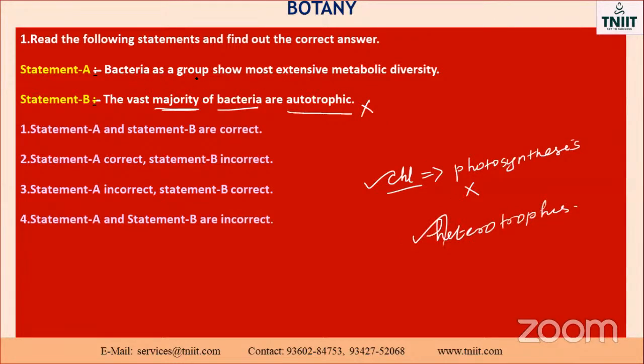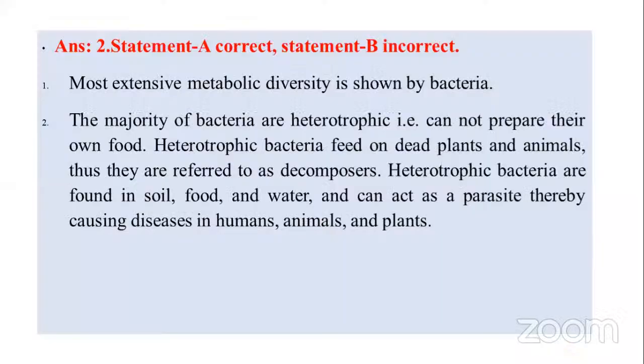At the same time, the bacteria as a group show most extensive metabolic diversity. Yes, they have different types of metabolic diversity present in them. So statement A is correct and B is the wrong one. See the option: statement A is correct and statement B is incorrect, because the most extensive metabolic diversity is shown by bacteria.